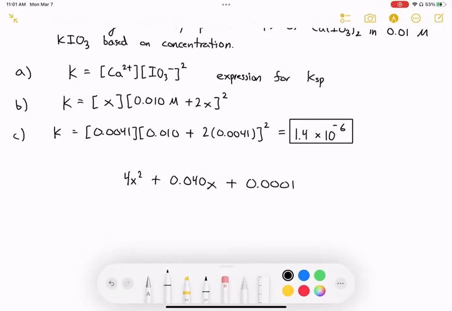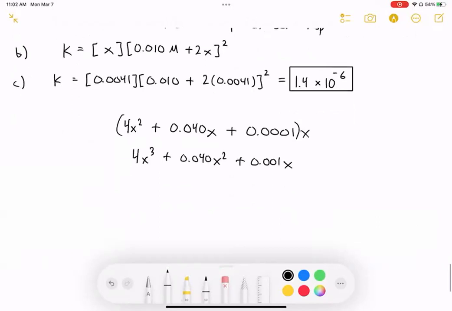And then you times this whole by x again. It'll be 4x cubed plus 0.040 x squared plus 0.0001 x.